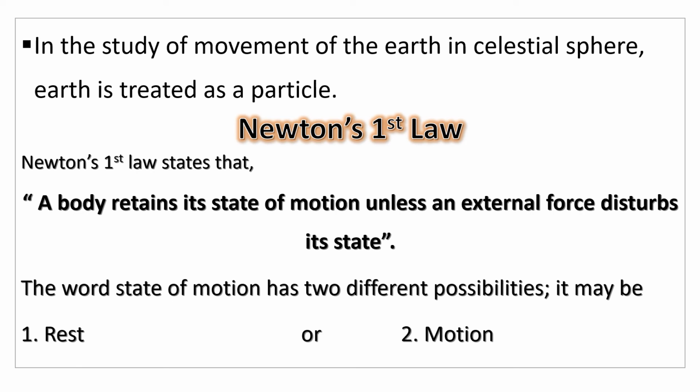It means that if the body is in relative motion or at rest, it tends to stay in the same condition as before, either at rest or in motion in a straight line. The word state of motion has two different possibilities. Number one, it may be rest, or number two, motion.